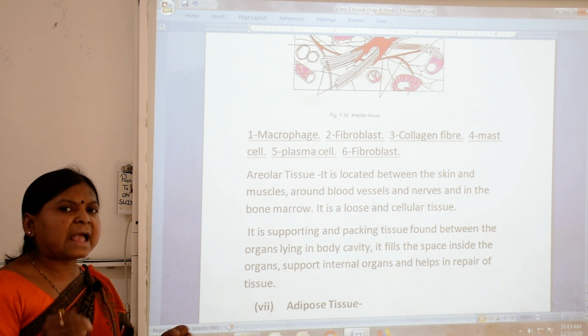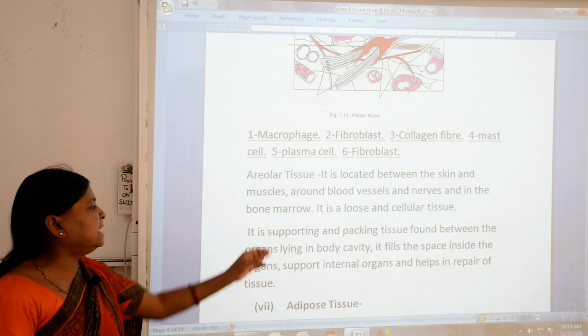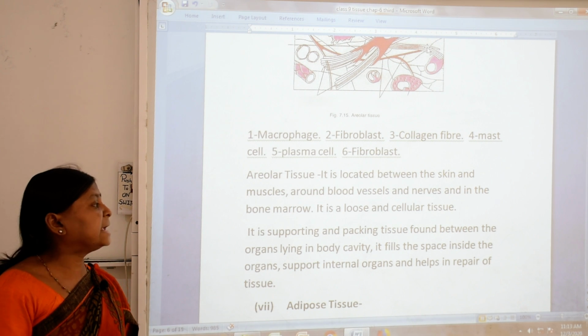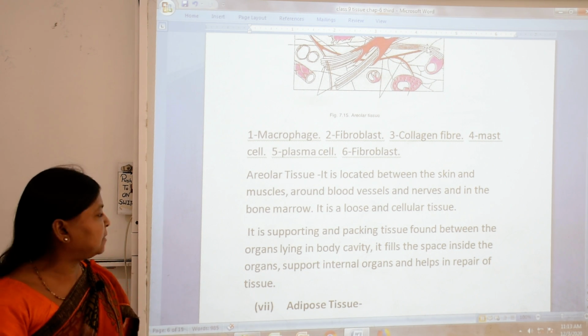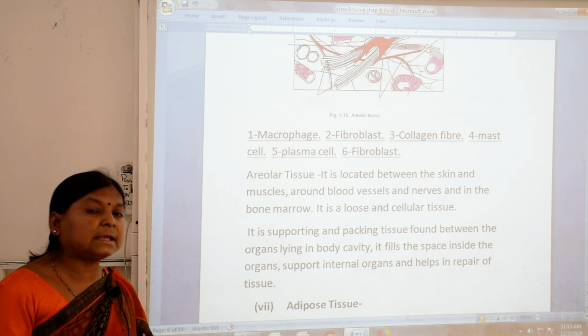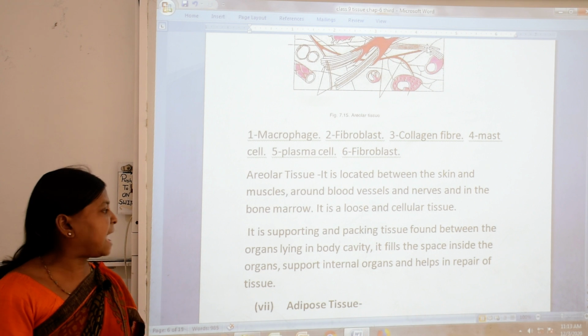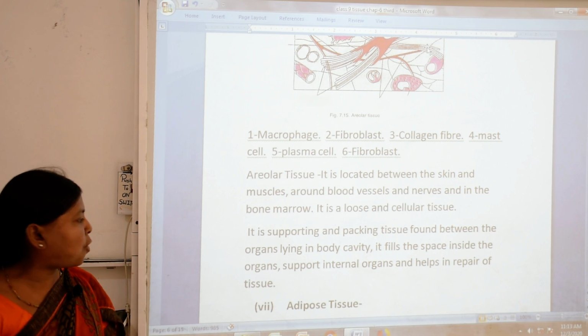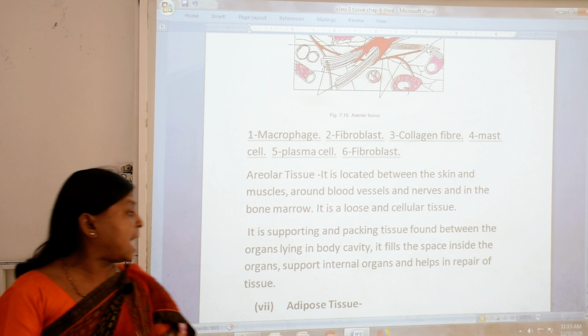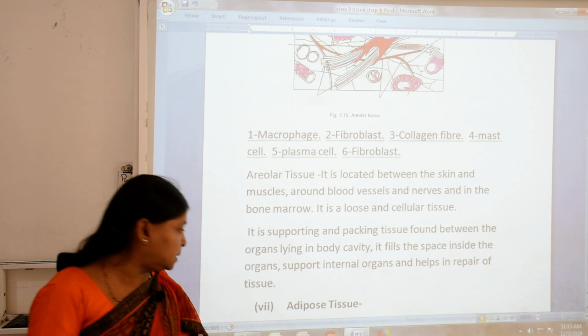It is a loose and cellular tissue. It is a supporting and packing tissue found between the organs lying in the body cavity. It fills the space inside the organs, it supports internal organs and helps in repair of the tissue.